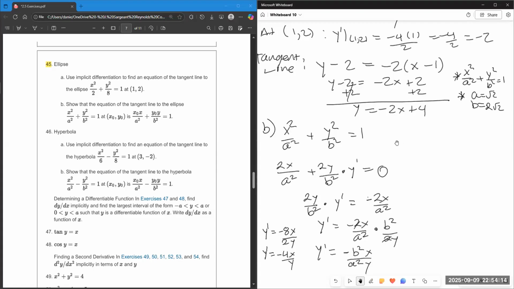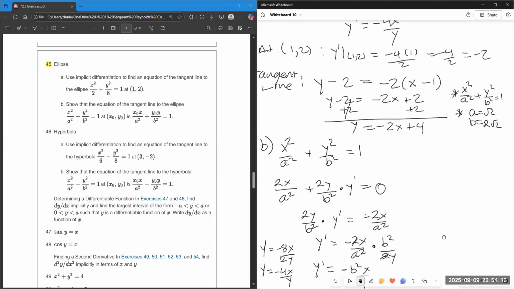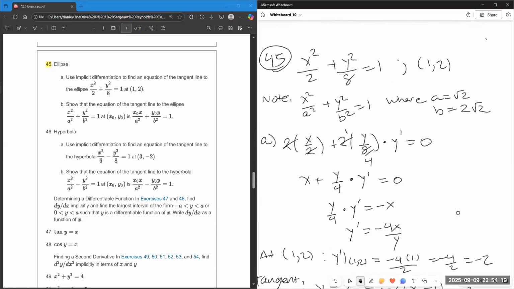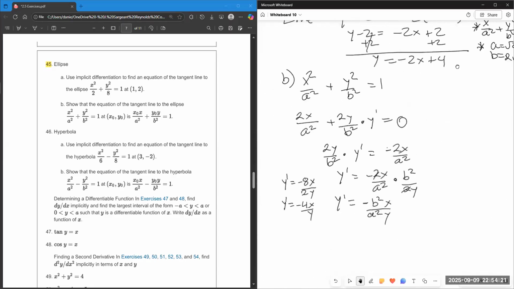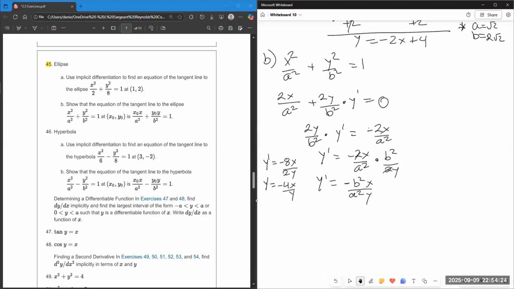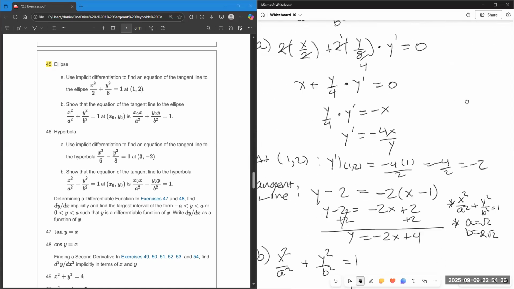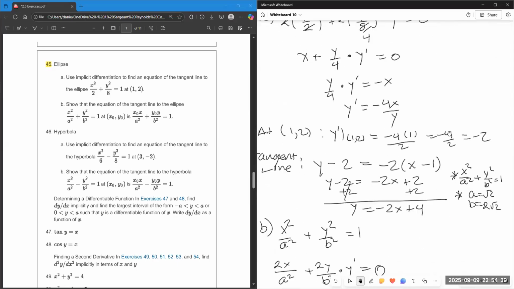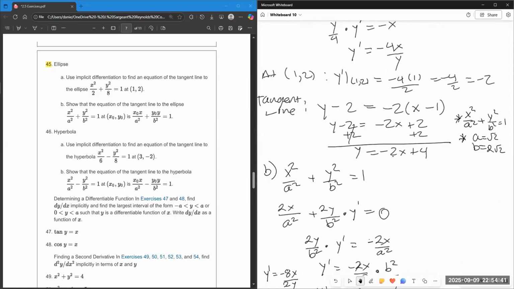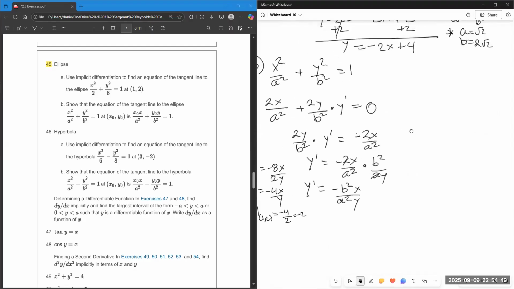And we'll see that we had an x of 1 and a y of 2. That will give me negative 4 over 2, which is a negative 2. I'm just showing you that this is working, and my slope here was negative 2 for my tangent line. Look at that. Okay, so we're on track.